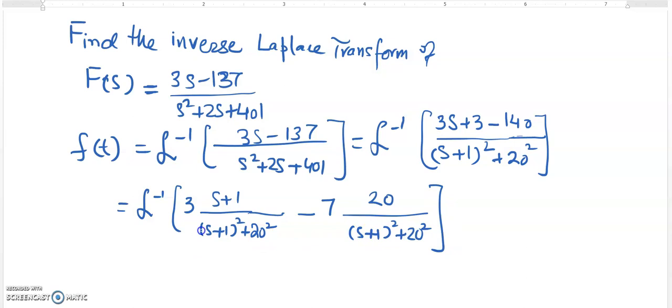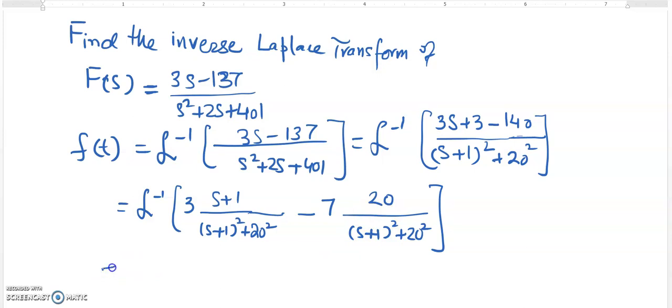By analogy I know this is the Laplace transform of the cosine function, and this is the Laplace transform of the sine function, with their respective s shifting.